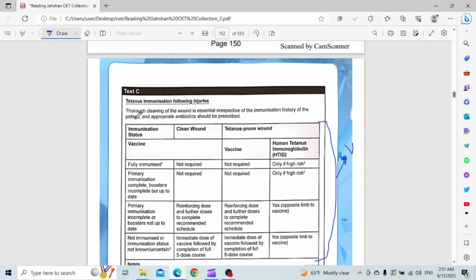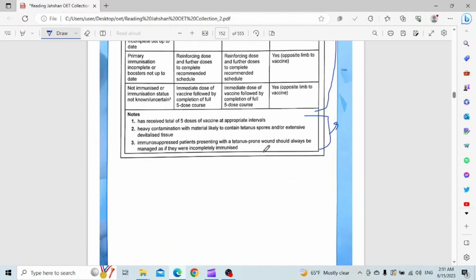So thorough cleaning of the wound is essential irrespective of the immunization history of the patient, and appropriate antibiotic should be prescribed. So this is about cleaning and antibiotic. Then I go. Has notes, has received a total of 5 doses of vaccine, appropriate interval, heavy contamination with material likely to contain tetanus spore and or extensive devitalized tissue.